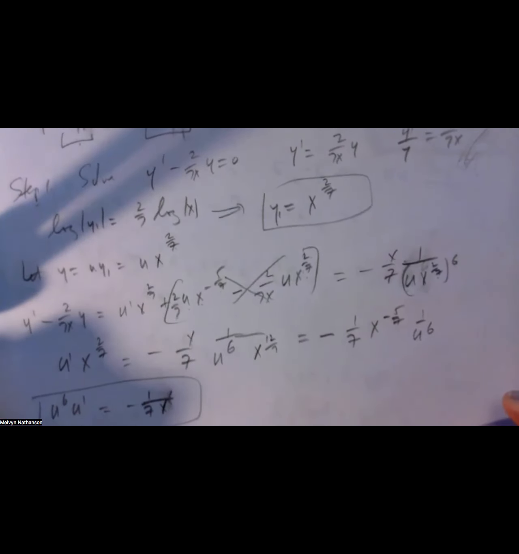So I have this very simple separable equation to solve. When I integrate, I get 1/7 u to the 7th equals minus 1/7 log x plus a constant.